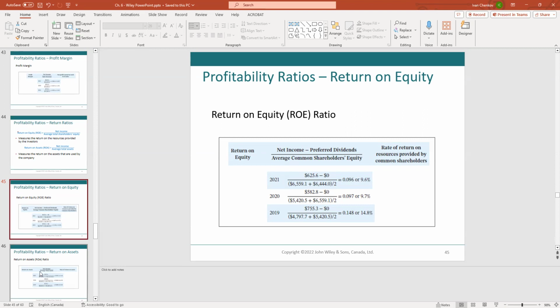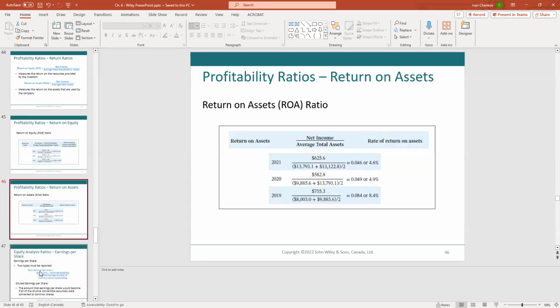Definitely going down. It went down by 5%. How about the profitability? Return on assets. Still went down. Still going down.